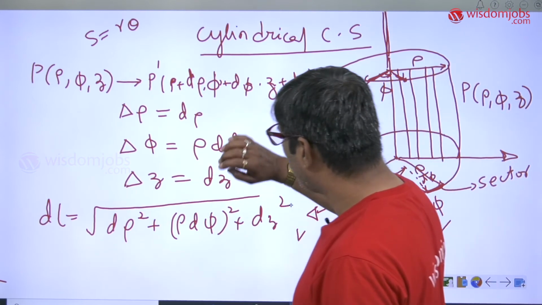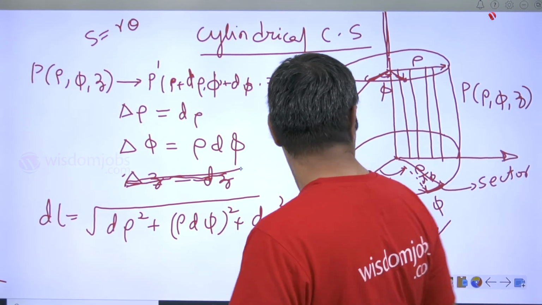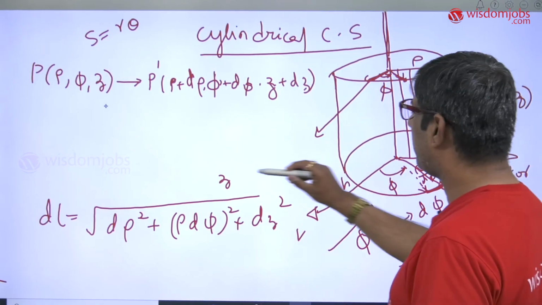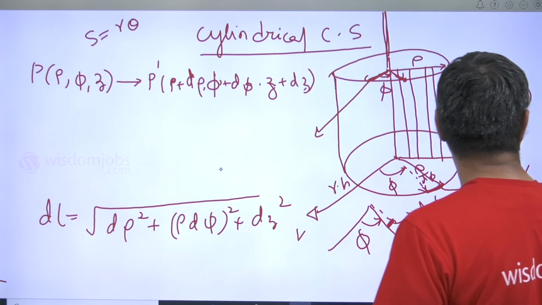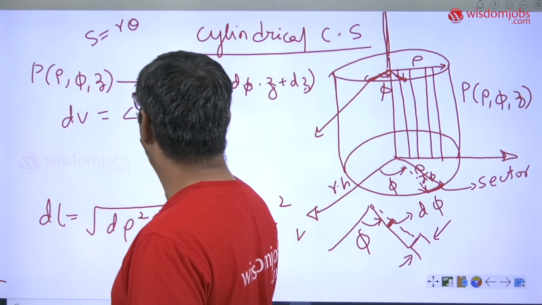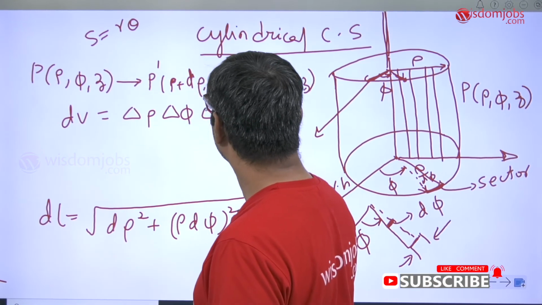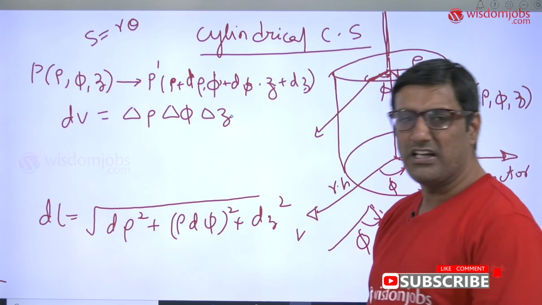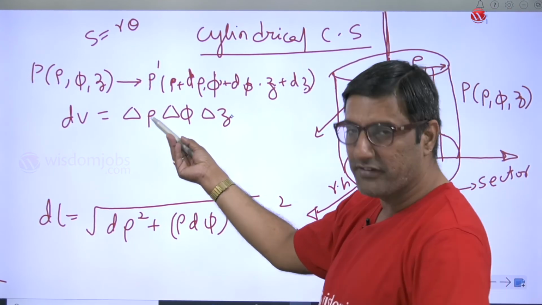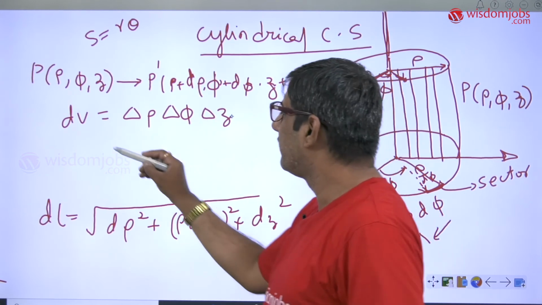Now let us evaluate the incremental volume. So what is incremental volume actually? The expression is dv equals delta rho into delta phi into delta z. So it is the product of the three incremental lengths in the three directions: in the rho direction it is d rho, in the phi direction it is rho d phi, in the z direction it is dz. So simply multiply them.